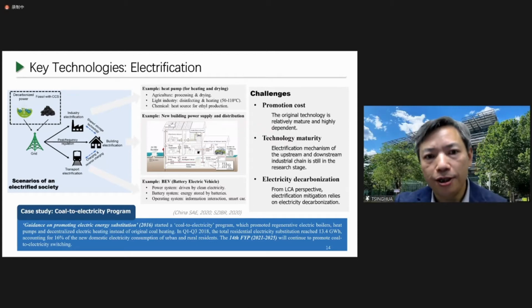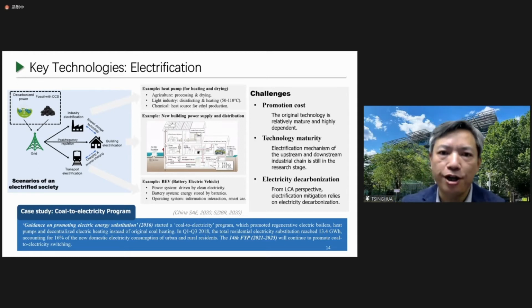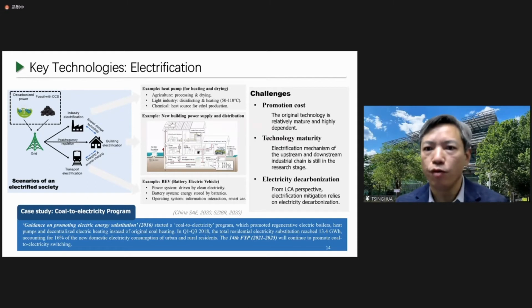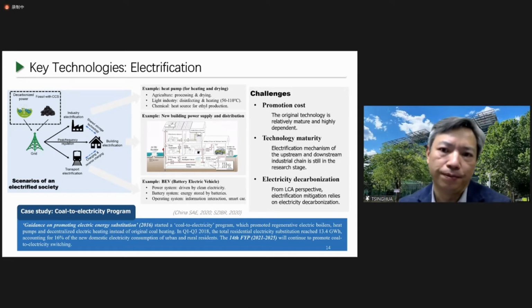From the user side, the largest share of CO2 reduction from electrification will occur in industry, led by a shift away from fossil fuel-fired heating towards industrial heat pumps and electric boilers for low and medium temperature heating and drying needs in agriculture, light industry, and chemical industry.